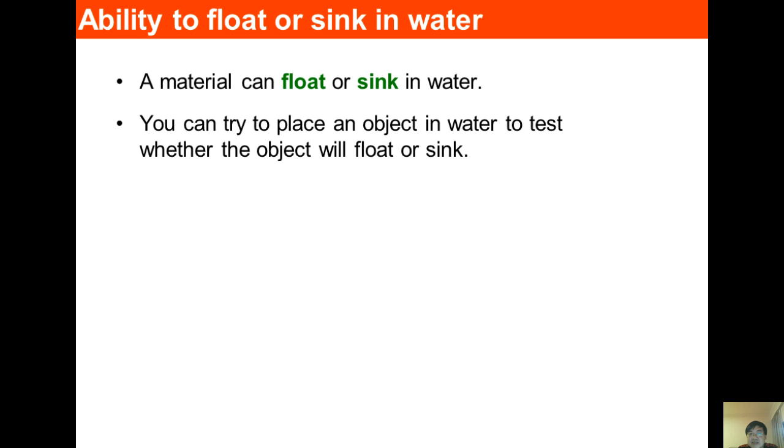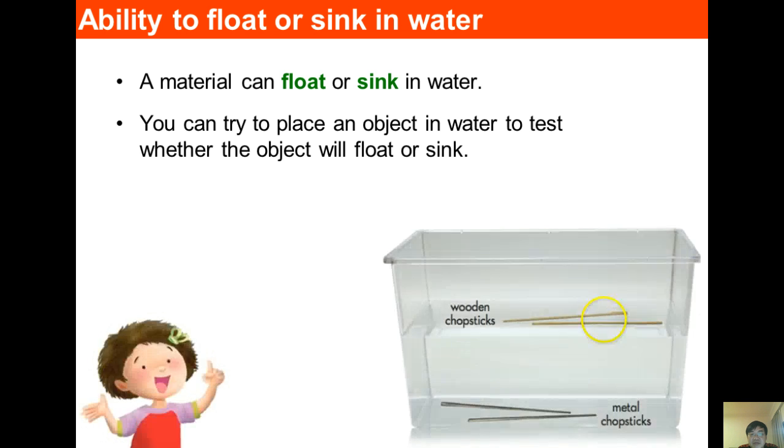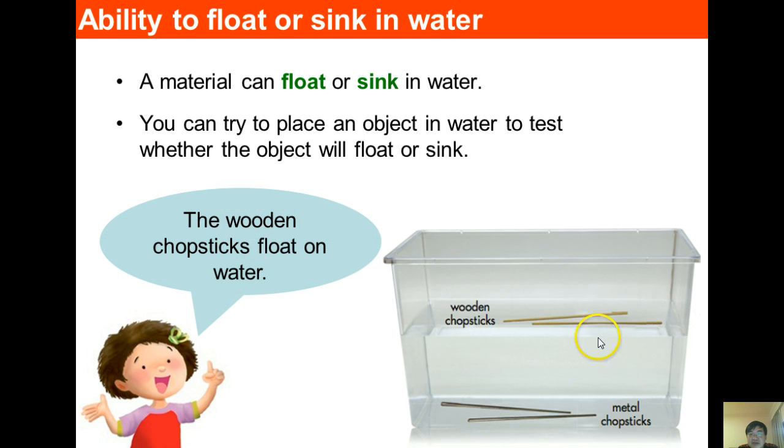You can place an object in water to test whether it will float or sink. So these wooden chopsticks float, and the metal chopstick sinks. Hope you understand what it means.